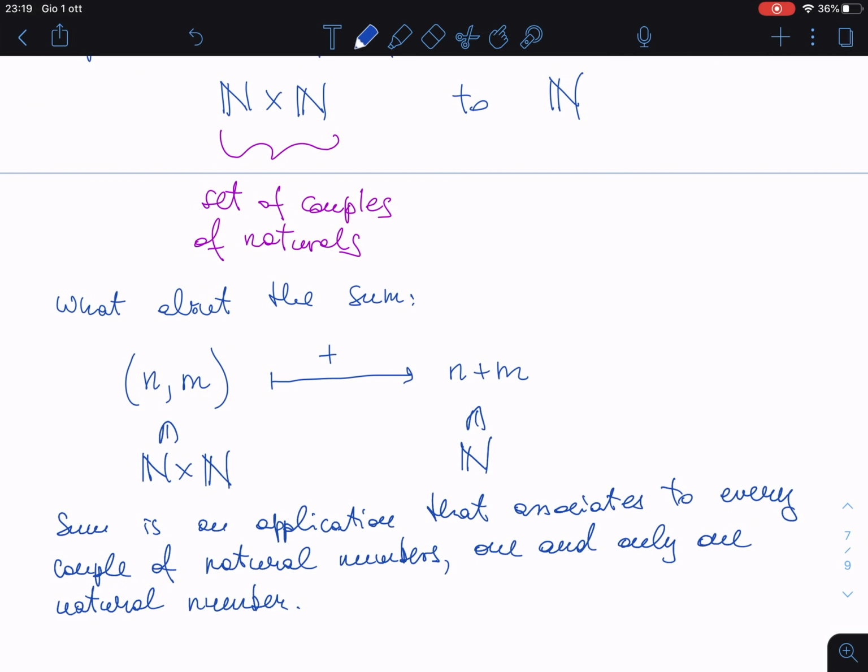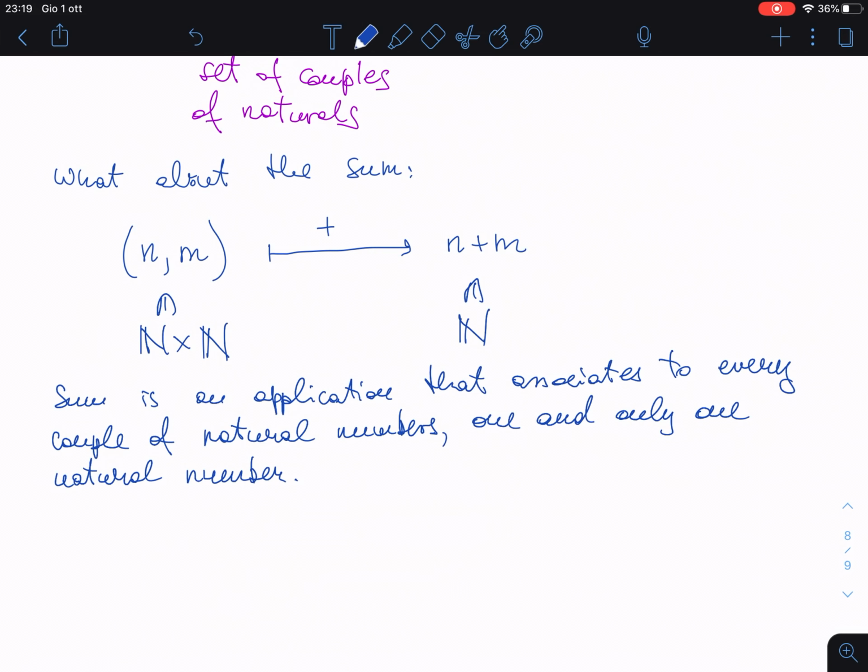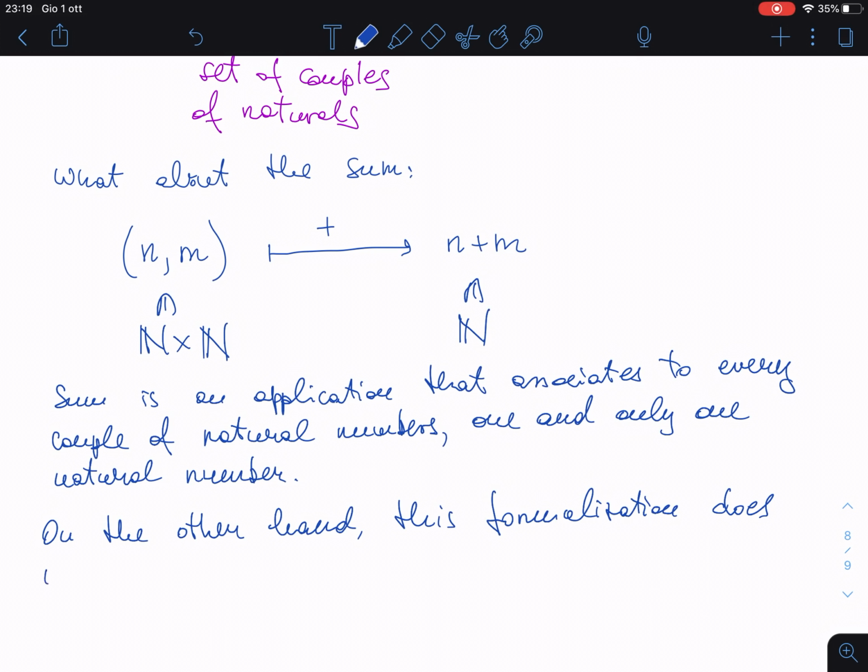Of course, this way of describing the sum is true for the sum, but not for the difference. Because on the other hand, this formalization of the operation does not hold for the difference.